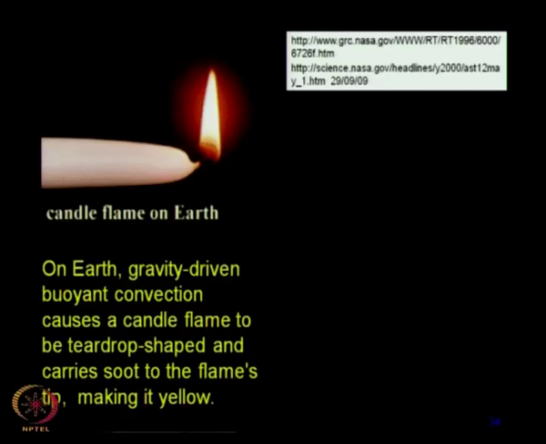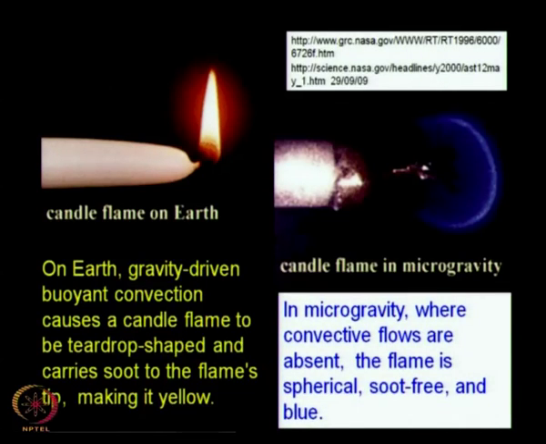If you do this in a state of weightlessness where gravity will not play a role, then the convective currents will be absent and the flame will be blue colored, because the soot will not be carried to the top. So, the experience in a satellite for astronauts is really quite different from what it is for us on Earth, because that is in a state of free fall, whereas we are reasonably stable on Earth.